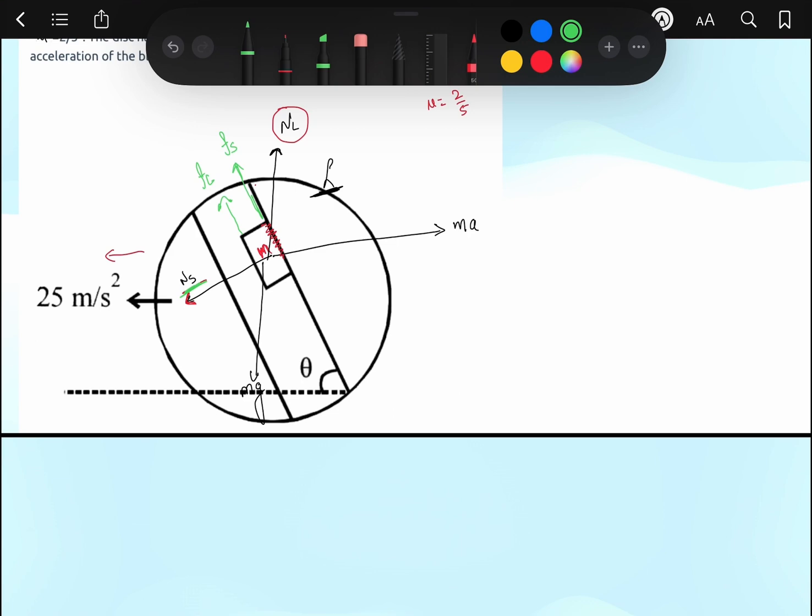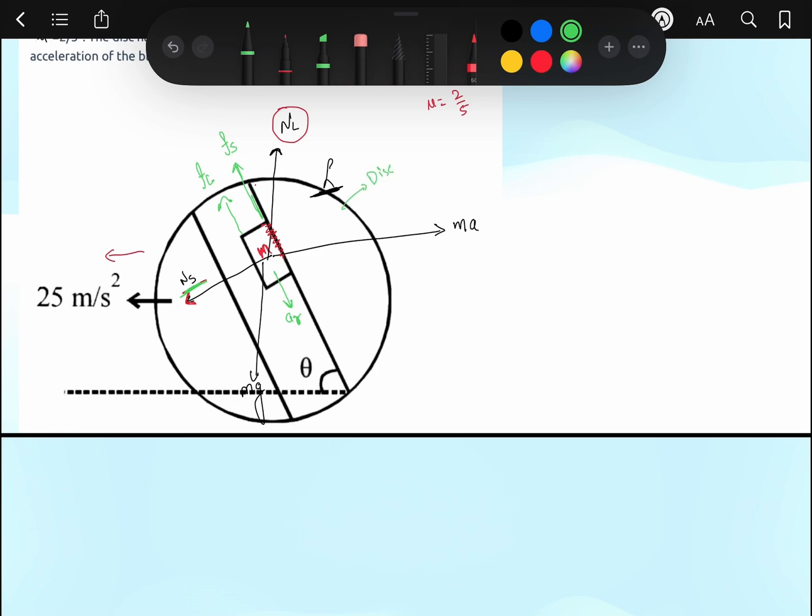Okay, and let me assume this block M is moving in this lower direction with an acceleration AR. AR means the acceleration of this block in the frame of reference of this disk.